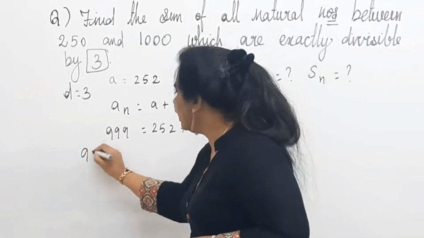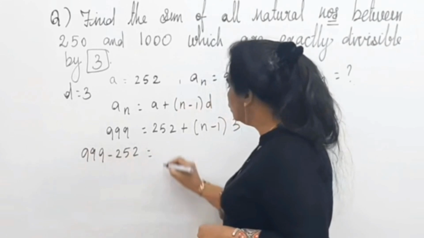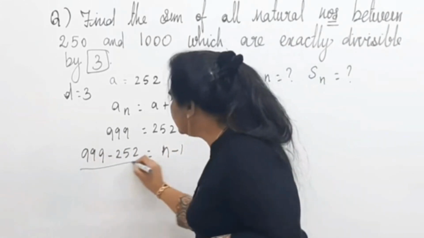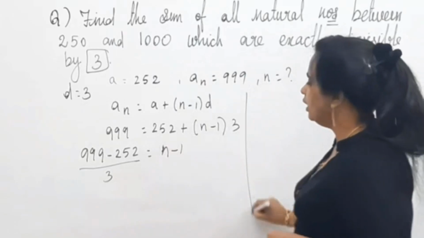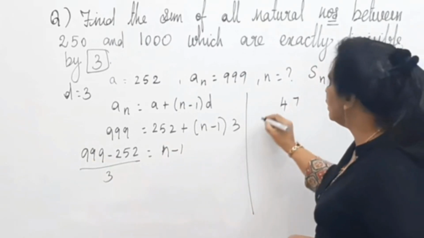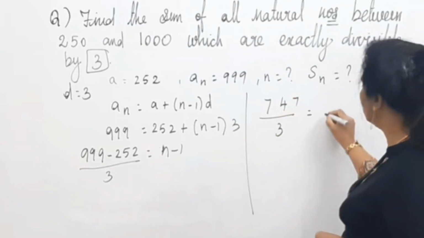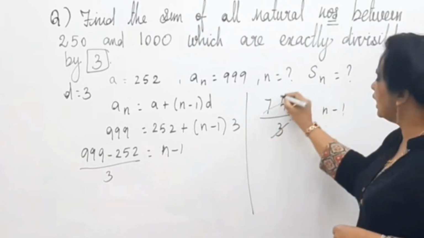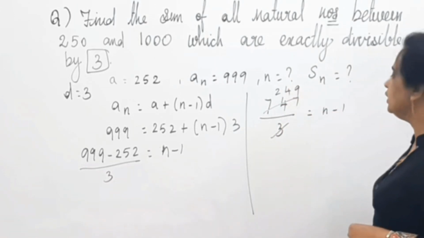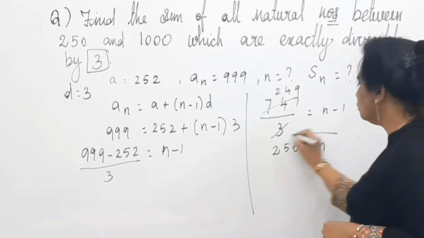So 999 minus 252 is equal to 3 into n minus 1, divided by 3. So I will have 9 minus 2 is 7, 9 minus 5 is 4, and 9 minus 2 is 7, divided by 3, that's equal to n minus 1. 2 3s are 6, 4 3s are 12, 9 3s are 27. So n is equal to 250. So I get my n.